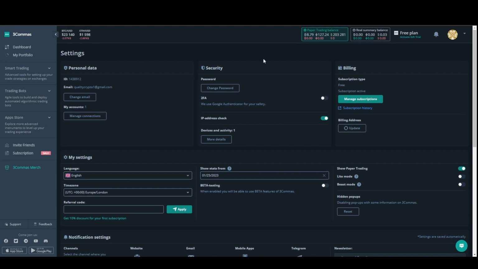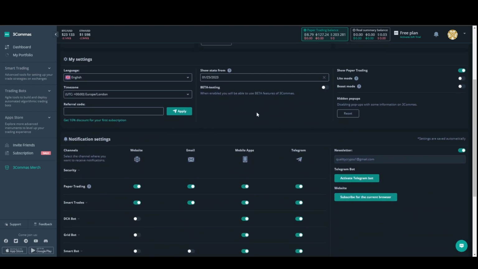So we've got TradingView, we've got Binance connected to TradingView, and we've got Binance connected to 3Commas. So Binance is now connected to 3Commas as one entity, and Binance is connected to TradingView as our source to pass over this trading bot to trade.